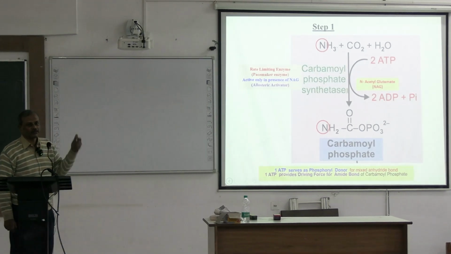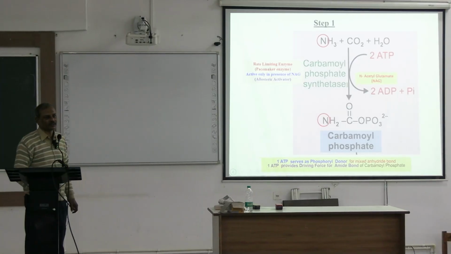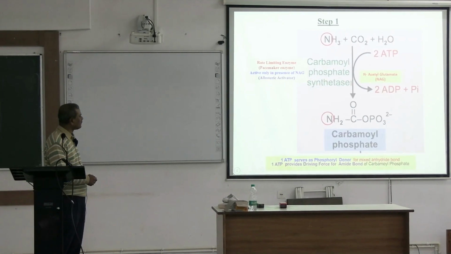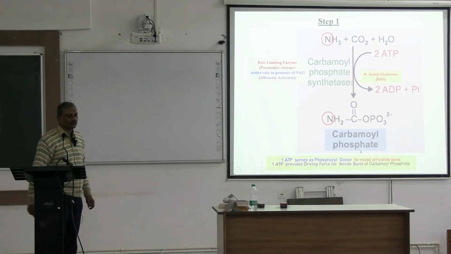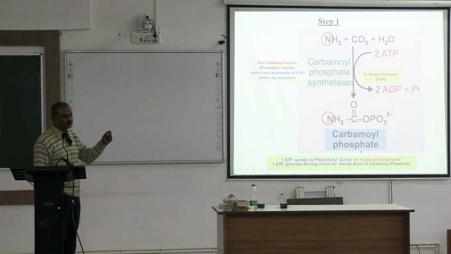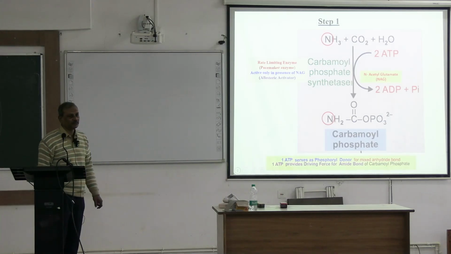Note down, this is called a pacemaker enzyme. It paces the urea cycle. Why is it called that? Because carbamoyl phosphate synthetase is activated only in the presence of N-acetylglutamate. In short form, it is called NAG. This is an allosteric activator.